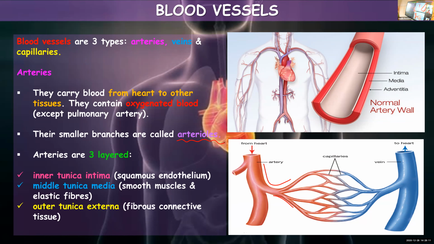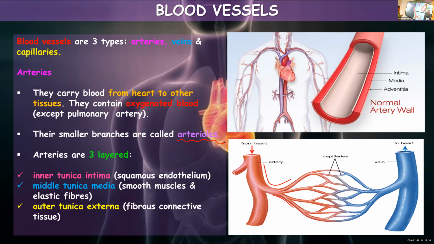And arteries are three layered. Arteries are provided with three layers: inner layer, outer layer, and middle layer. Tunica means a layer. The inner layer is tunica intima, the middle is tunica media, and the external layer is tunica externa.